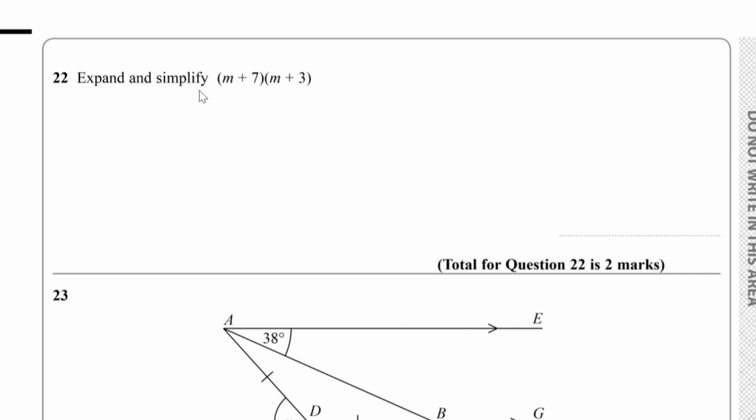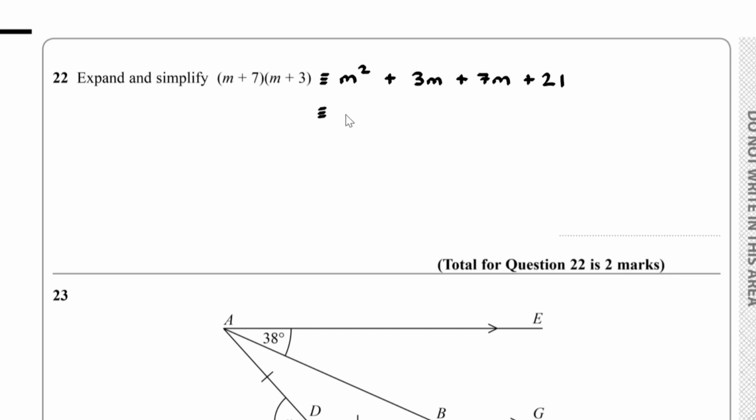Question number 22, we have to expand and simplify m plus 7 multiplied by m plus 3. Well, m times m is m squared. m times 3 is 3m. 7 times m is 7m. 7 times 3 is 21.